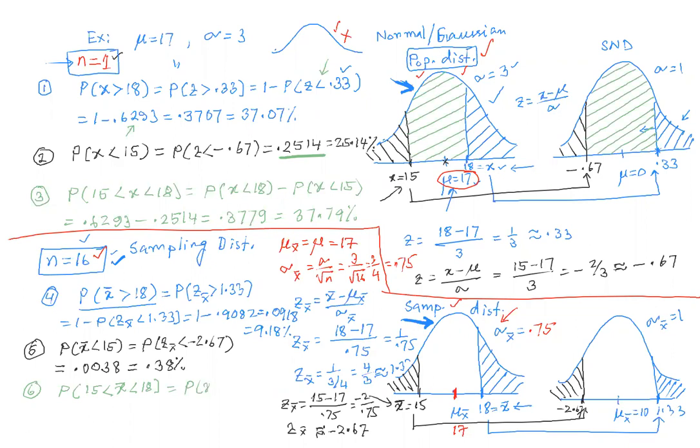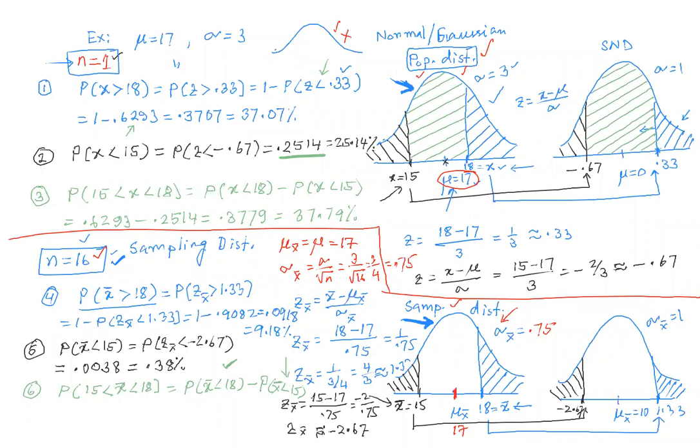That's the same as the probability of x bar less than 18 minus the probability of x bar less than 15. So the probability of 15 less than x bar less than 18 is the same as the probability of x bar less than 18 minus the probability of x bar less than 15.